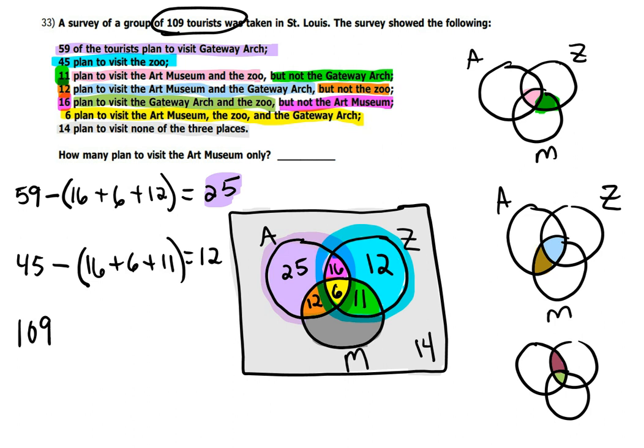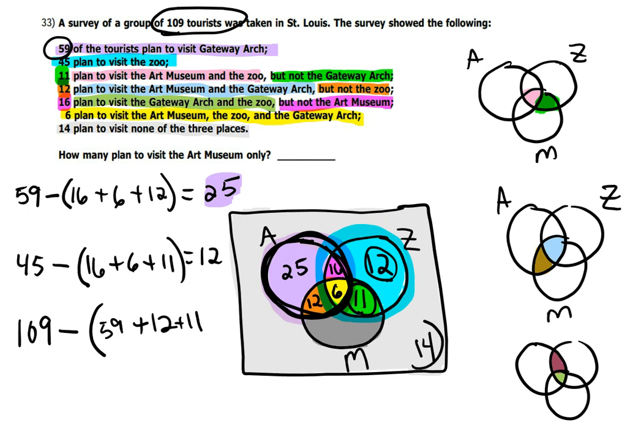So I'm going to take 109 minus, and since I know that this circle here was A, and I was told way up here that A had 59, I'll just say, okay, 59 plus, and then I need to do the 12 here, and the 11 there, and the 14 there.